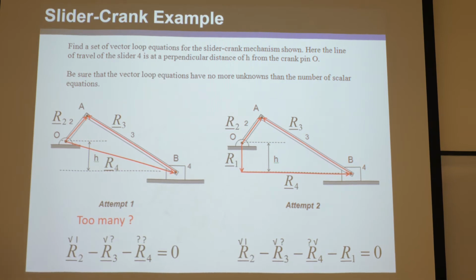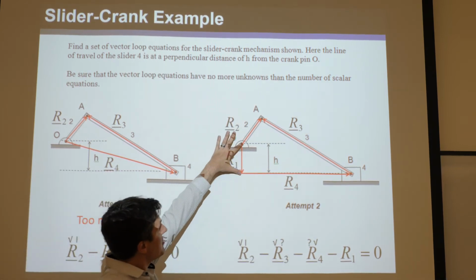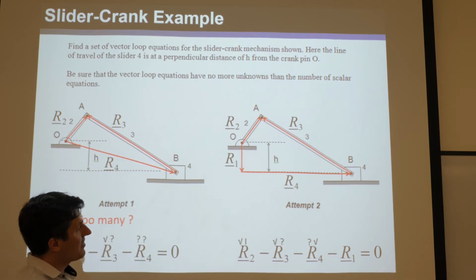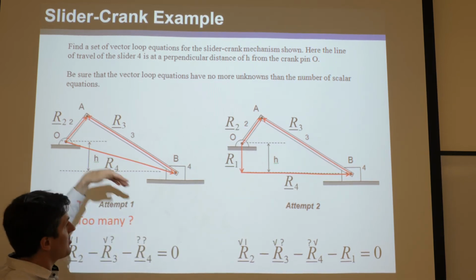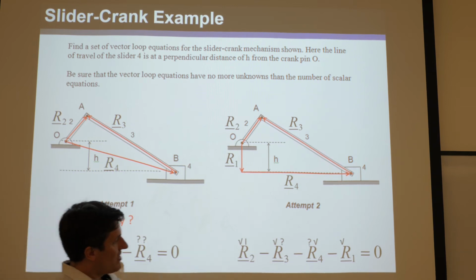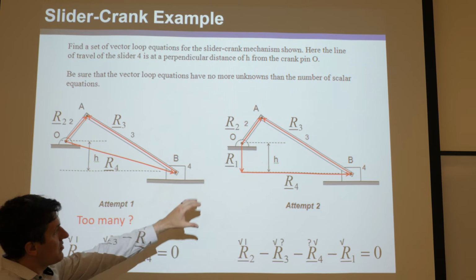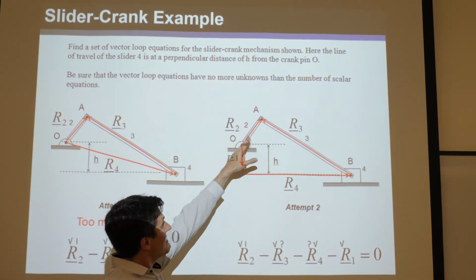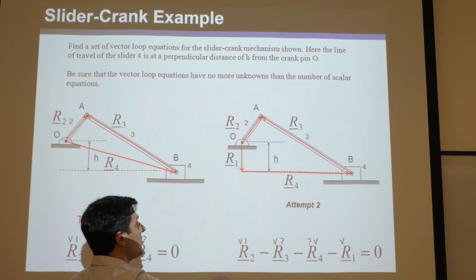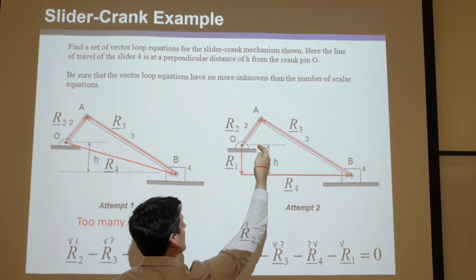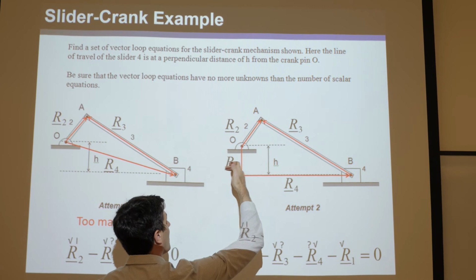Okay, do we know the magnitude of R1? Sure, we can measure it. In fact, it's already given to us. It's h, and it's not going to change. No matter how much theta 2 changes, h stays the same. So check. Do we know its angle? Yes, we do. That angle is never going to change as theta 2 moves. Its angle is, find its tail, do the horizontal, and do a green line all the way around there.